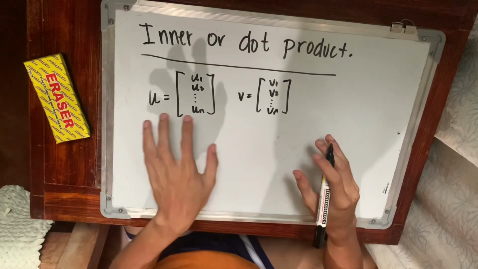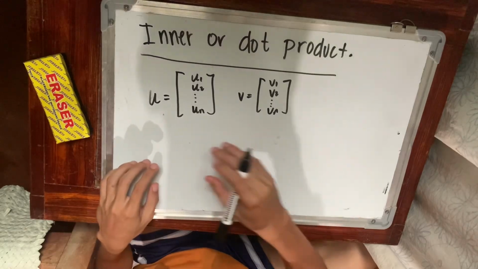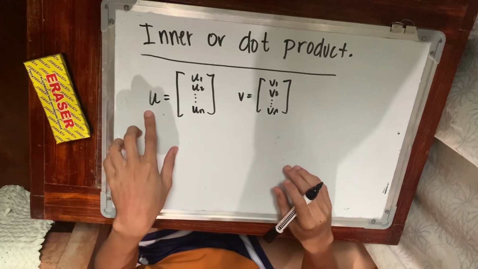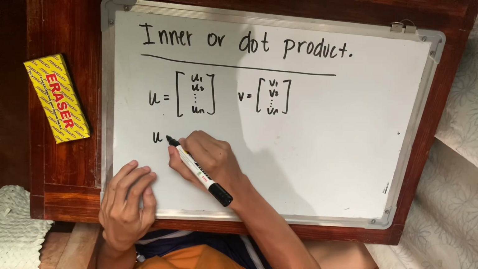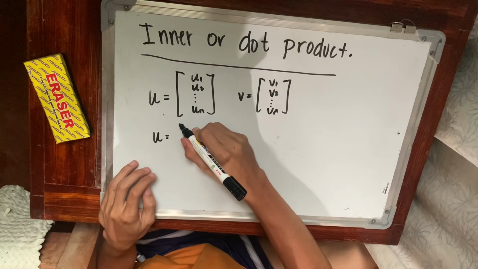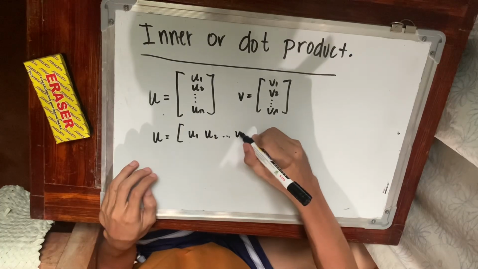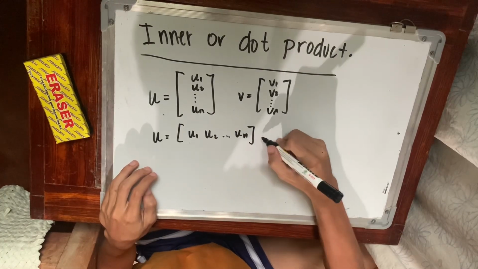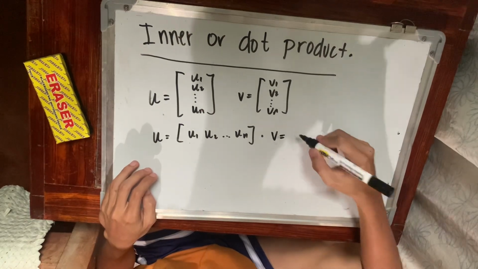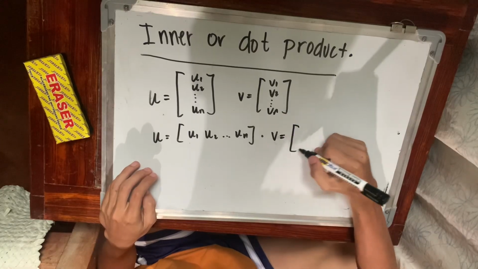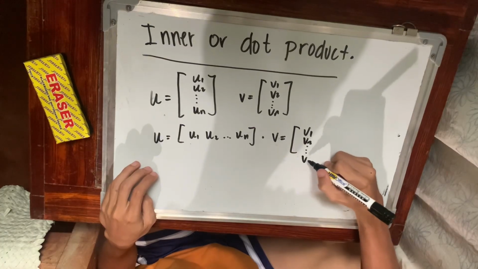If we find the inner or dot product of these two vectors, the u vector will become like this: u sub 1, u sub 2 up until u sub n, times vector b, which stays the same: b sub 1, b sub 2 up until b sub n.